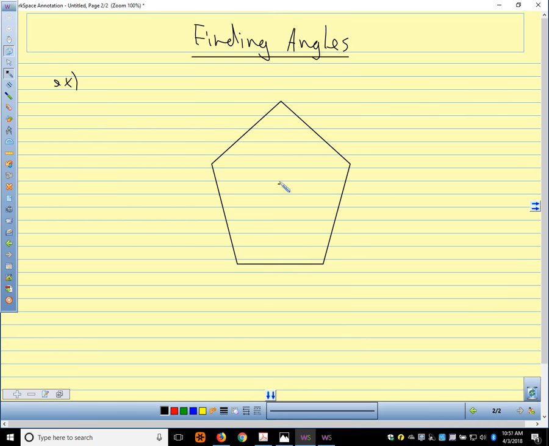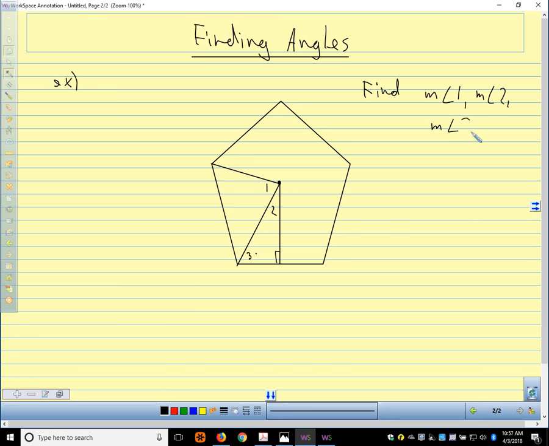So I'm going to put in a center, put in a couple of radii, and an apothem, or apothem. Either one is an acceptable pronunciation. And I'm going to label these angles. This is angle 1, angle 2, and angle 3. And we want to find the measure of angle 1, the measure of angle 2, and the measure of angle 3. And I'm going to say this is a regular pentagon.